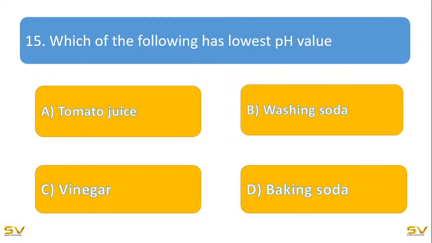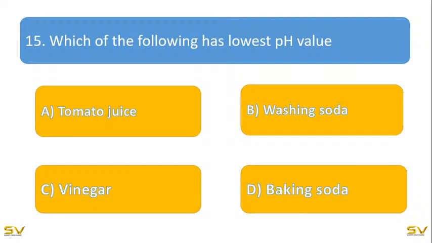You already know that the pH scale ranges from 0 to 14: less than 7 is acidic, greater than 7 is basic, and equal to 7 is neutral. So in these four, which has the lowest pH value?